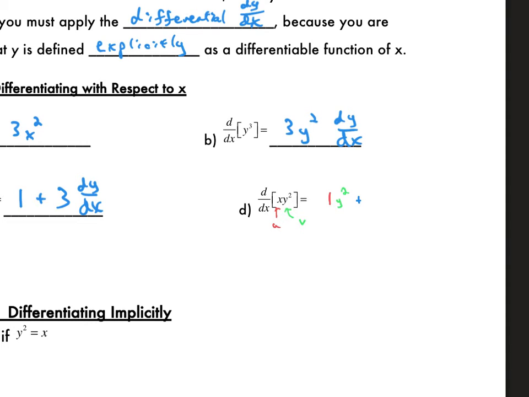And then I add in my u, which is x, times my v prime, which is going to be 2y dy dx. So that's where the dy dx comes in. Cleaning up a little bit, it's going to be y squared plus 2xy dy over dx. And that would be your derivative of that one.